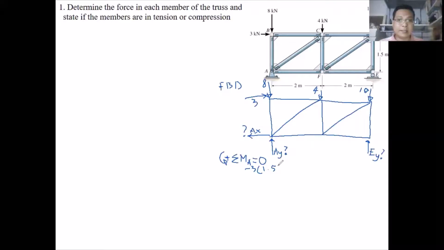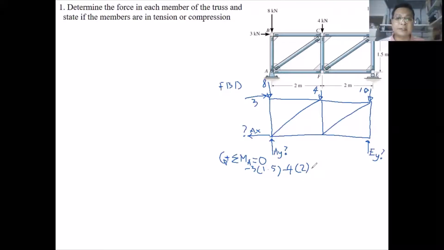And then the distance is 1.5 to the point A. And then what else? We have 4 here times the distance 2 meter.